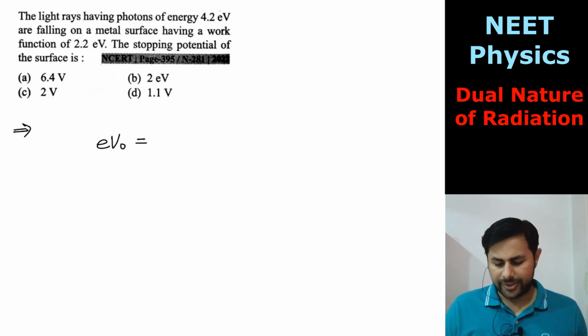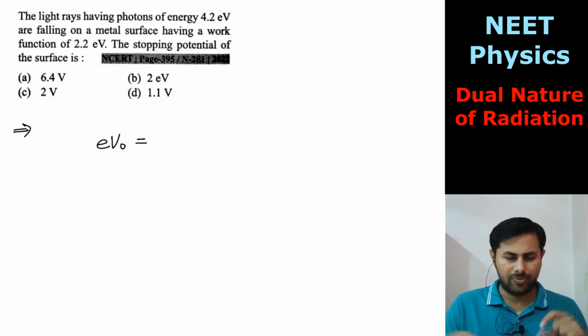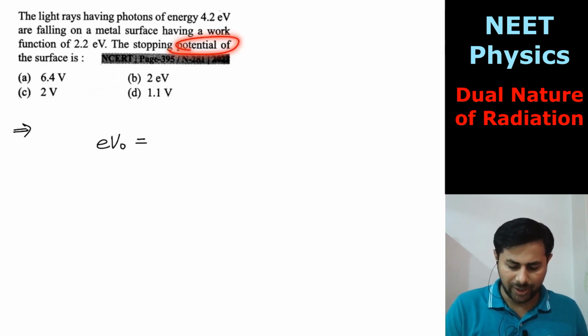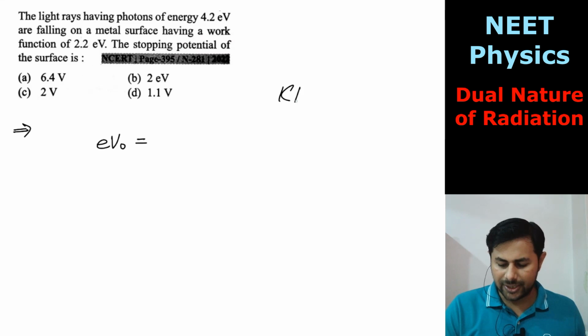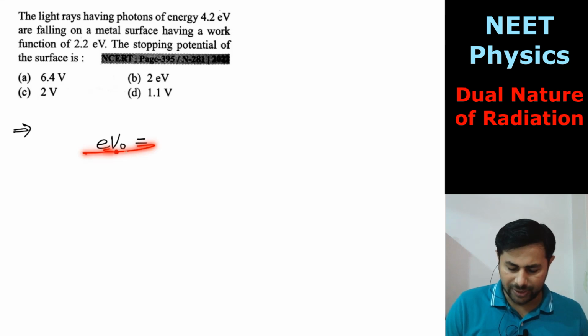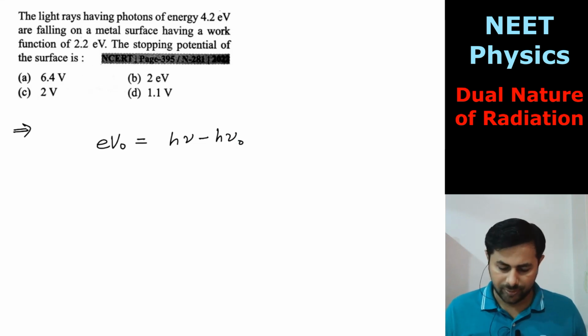So it should click which form of the photoelectric equation we should use. Here they are asking about stopping potential. We have kinetic energy, KE max is equal to h nu minus h nu 0, and because they are asking about stopping potential, KE max is equal to eV naught, right? So we should use this equation. eV naught is equal to what? h nu minus h nu 0. Put the values.